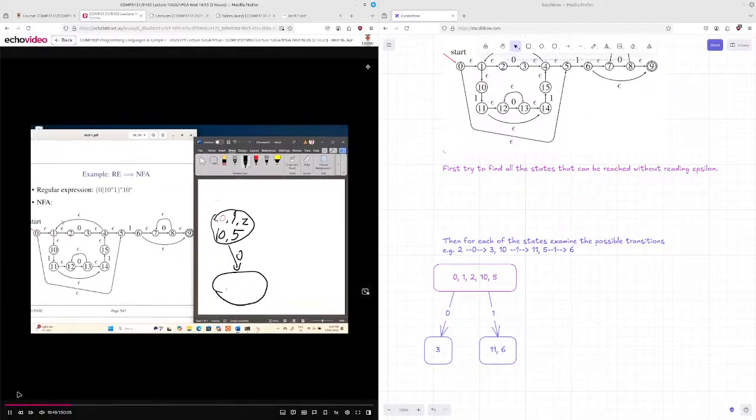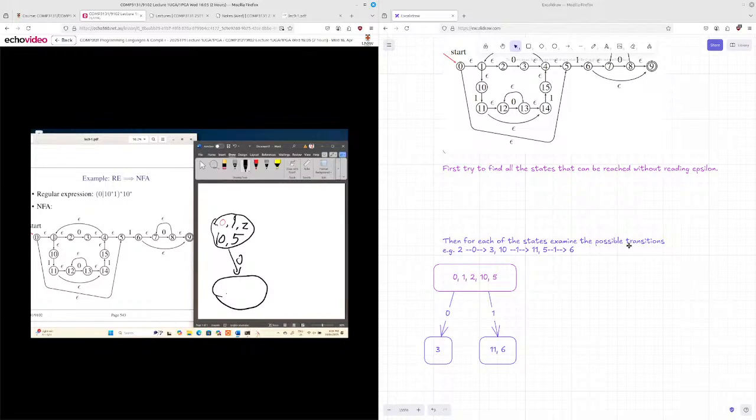Then we just do it for each state, checking whether we have any transitions.